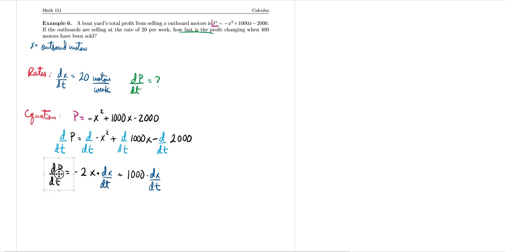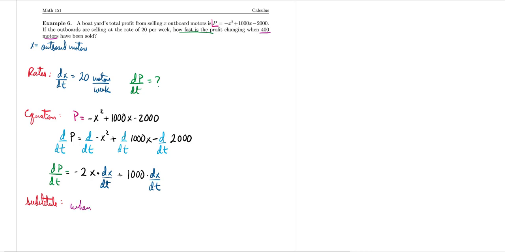Okay, so this is our equation now, so we're ready to substitute. With the substitution, we have to be careful because we're substituting at a specific moment. We're looking specifically when x is 400.